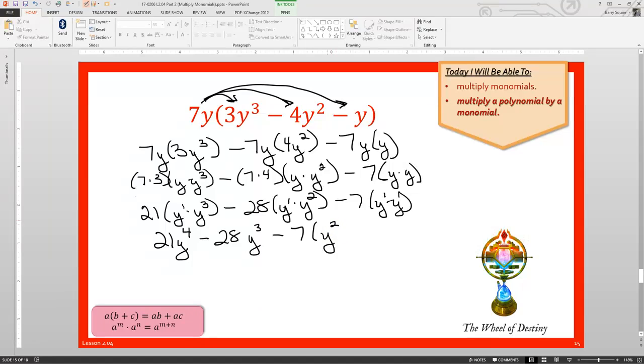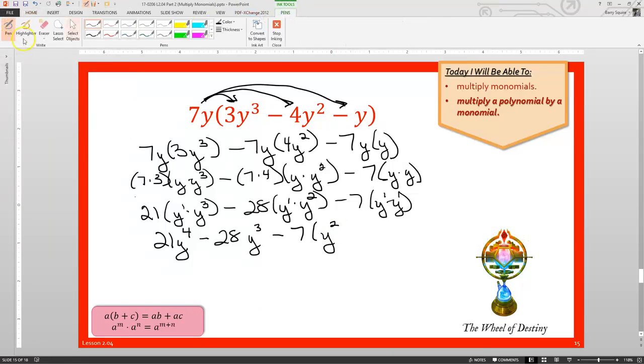Whoops, I didn't need that parenthesis, so I'm going to remove that because we don't need it. So here we are. Here is our resulting product. Monomial times trinomial gives us a trinomial.